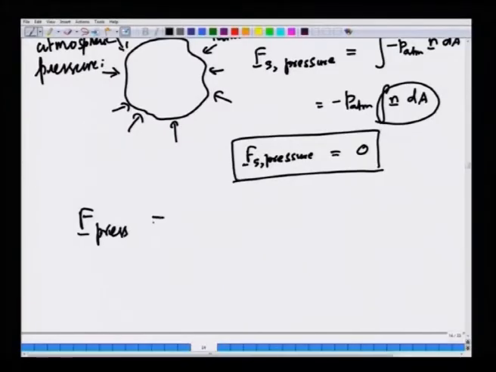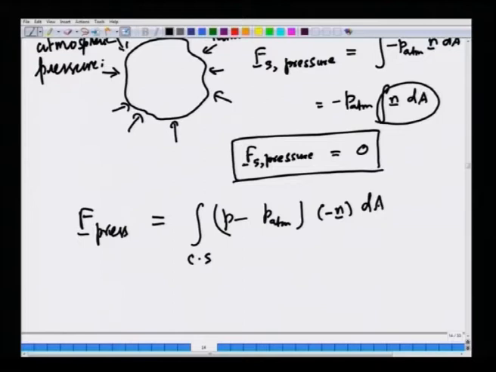So, when you want to calculate the pressure force, all that will usually matter is the difference between the actual pressure and the atmospheric pressure, in the minus n direction, dA. This is nothing but the gauge pressure.